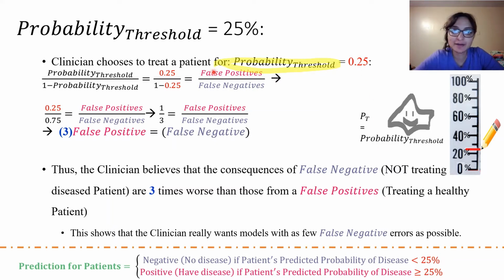Because if you think about it, with this threshold being really low, the typical prediction model usually assigns positive if you're above 50% and negative if you're below 50% as the threshold. So basically, based on this threshold, you're assigning everyone here as being positive.